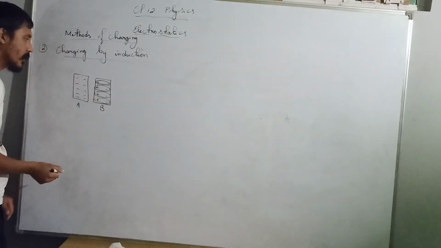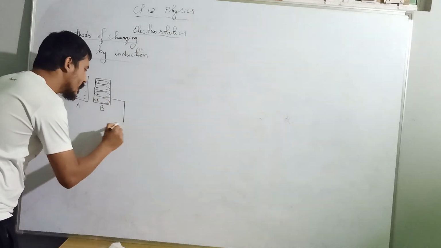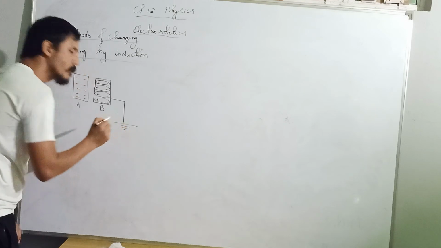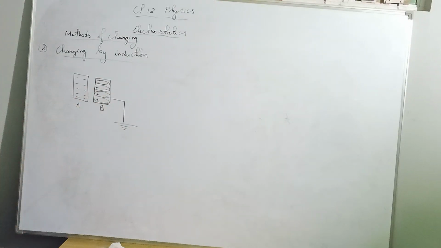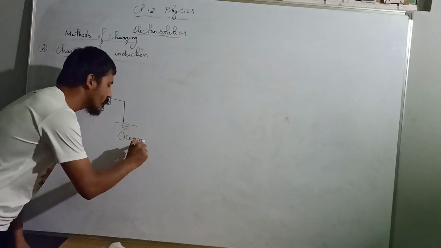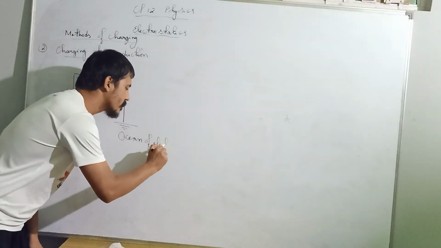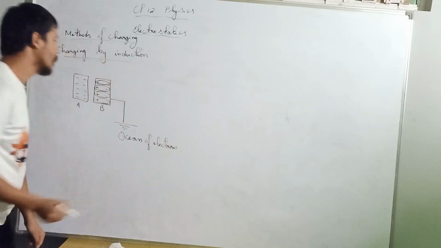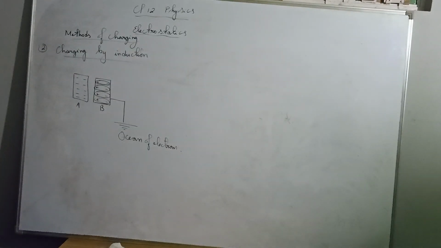Now, earthing. You connect this plate B, body B, to Earth. What is Earth? Earth is an ocean of electrons. Are you getting that?